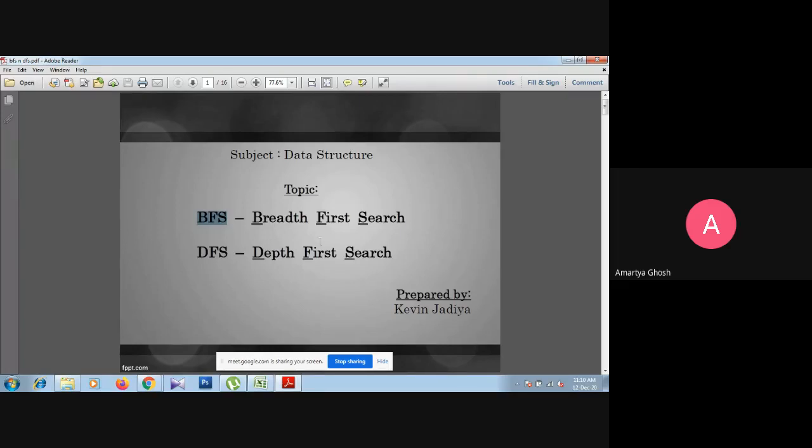BFS always uses queue, DFS always uses stack. I think this is very easy to identify and remember, is it not?